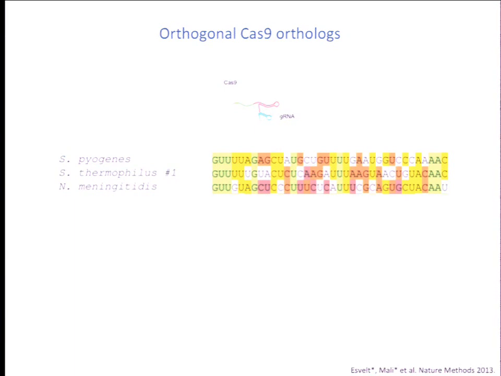And indeed, we found 3, from Pyogenes, Thermophilus, and Meningitidis, that had very divergent sequences in this hairpin loop. The hypothesis was that if we took these 3 Cas9s and exposed them to the appropriate guide RNAs, they would only bind to their corresponding guide RNAs. In this fashion, each could be given its own novel effector functionality, and one would have orthogonal Cas9 guide RNA systems. So how orthogonal are these in an experimental setting?